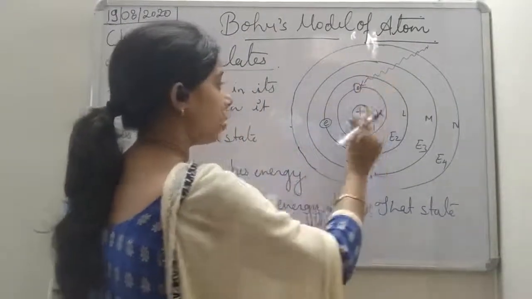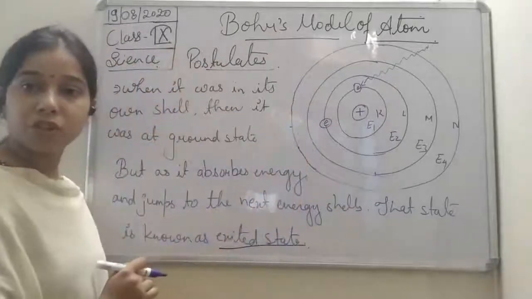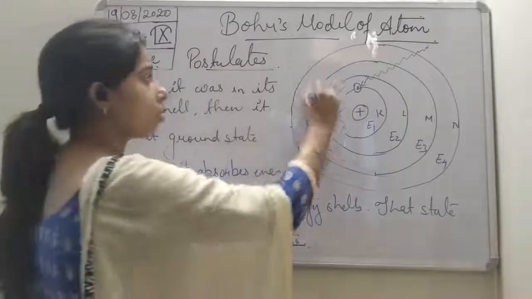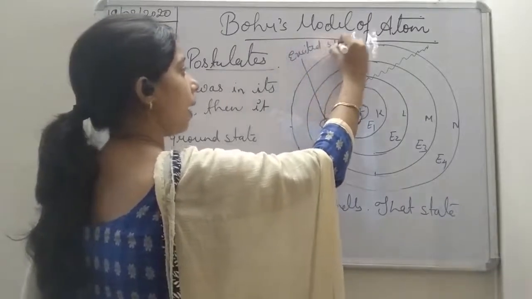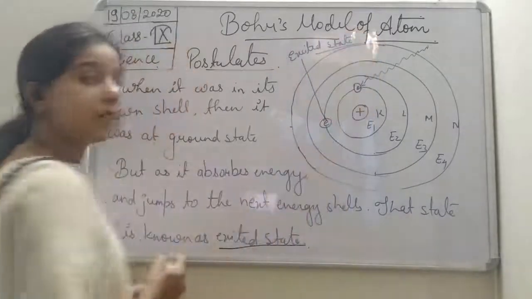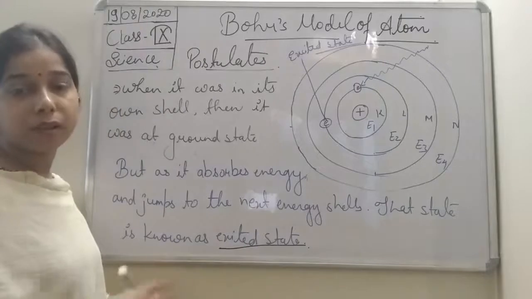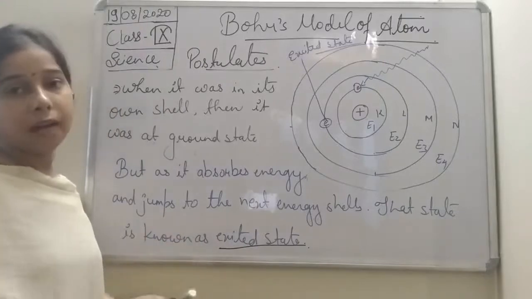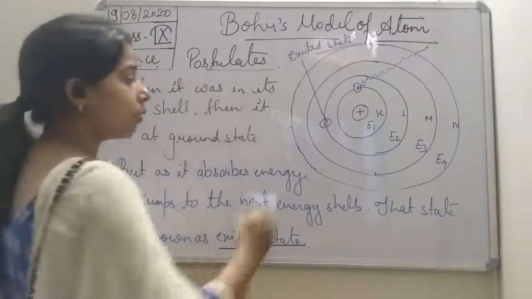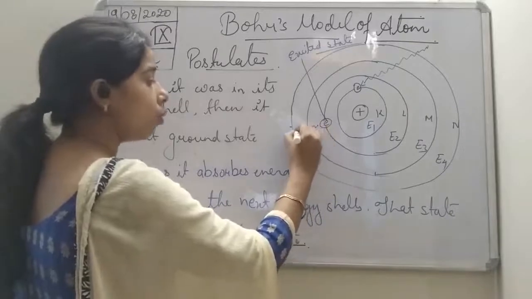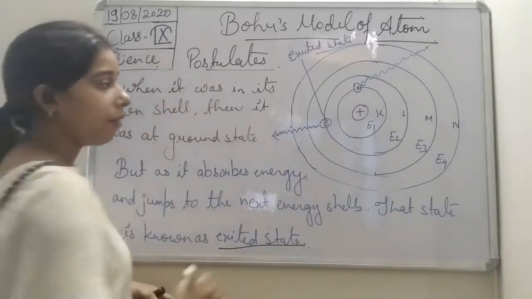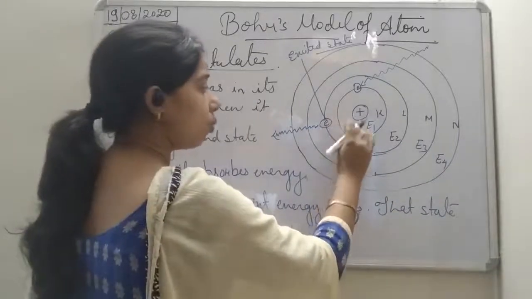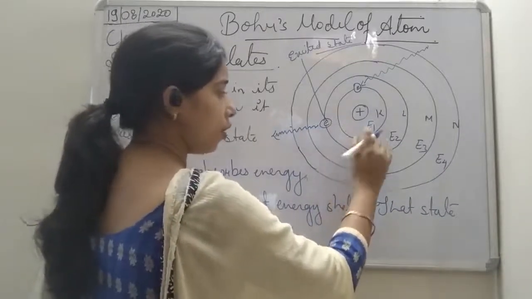Here it absorbs the energy, due to which it jumps to the next shell, and this state is known as the excited state. An excited state is an unstable condition. The electron remains unstable at excited state. So what will it do? It will lose the energy and finally jump to the same energy level.